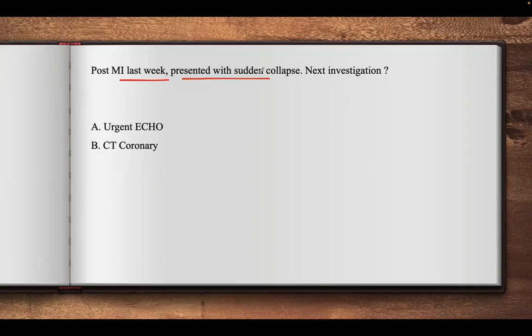So again, missing information, but the only information is the sudden collapse. So this is post-MI.